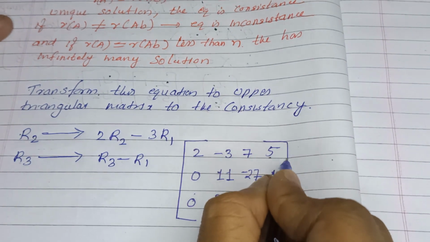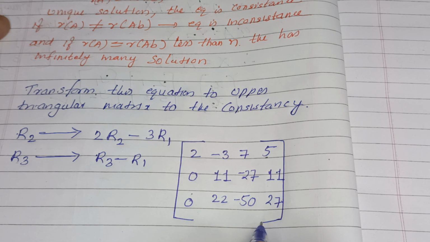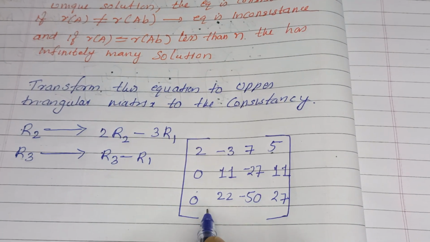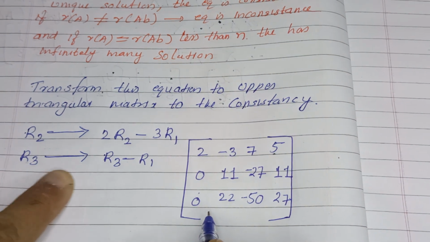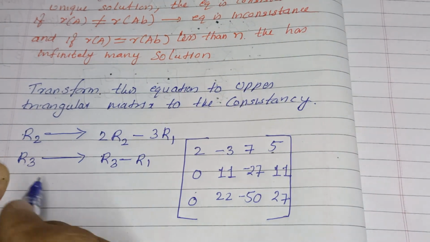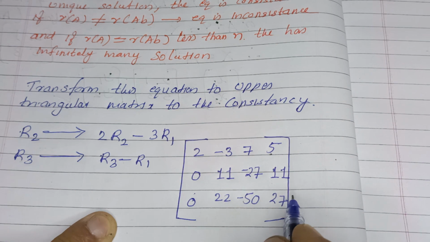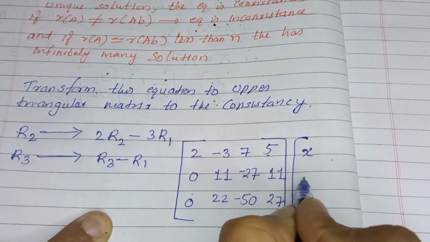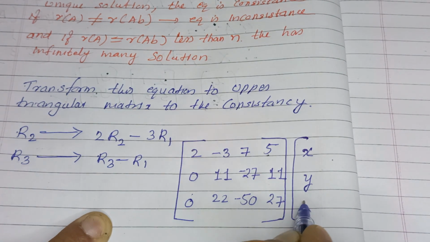I have done it in the last video. You can just check how we got these values, by just multiplying the way we told here. And no need to write this now, later we need to write xyz. It's very important though.